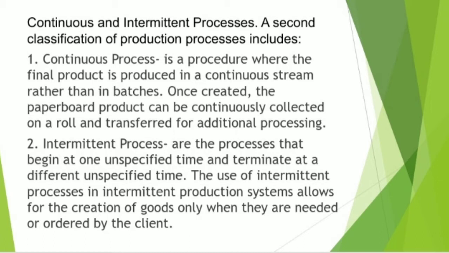Number 2, intermittent processes are the processes that begin at one unspecified time and terminate at a different unspecified time. The use of intermittent processes in intermittent production systems allows for the creation of goods only when they are needed or ordered by the client.